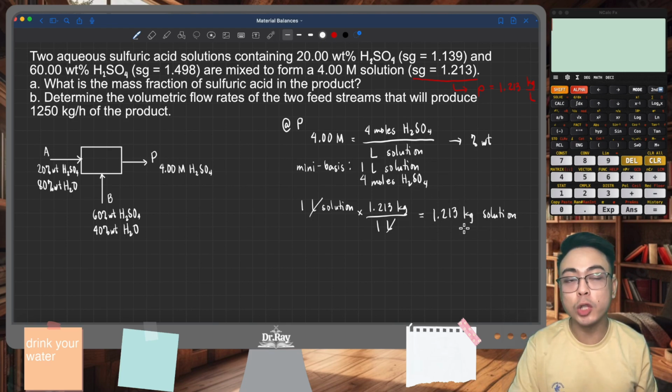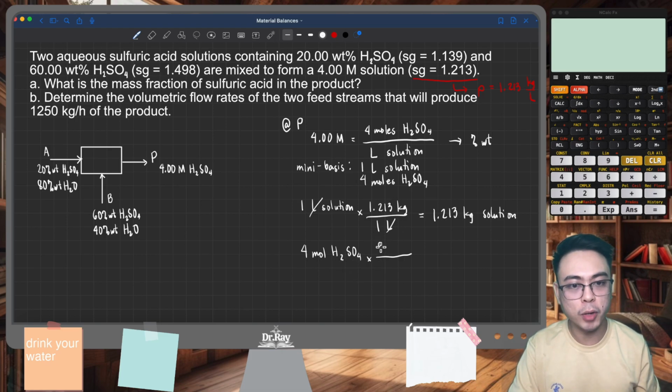This is already the total mass of your solution in the product using our mini basis of 1 liter of the solution. Now let me convert the 4 moles of sulfuric acid into kilograms. The molecular weight of sulfuric acid is around 98 grams per mole.